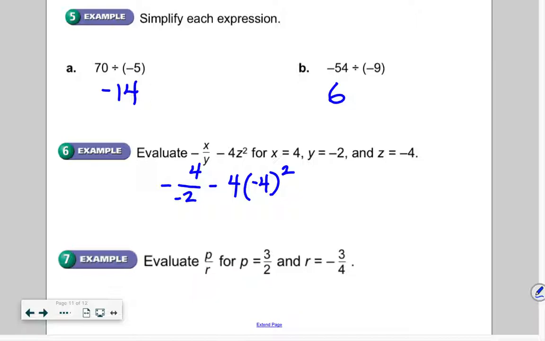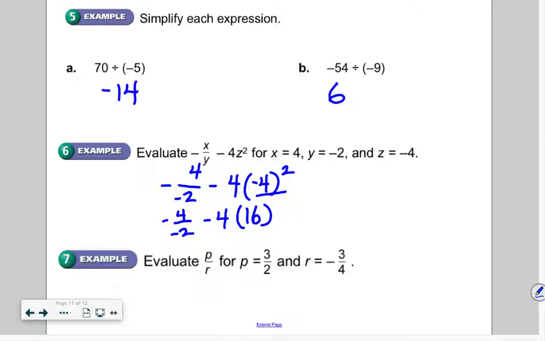Now, what is the first thing we should do in the order of operations here? Exponents. So I've got this negative fraction, minus 4. What is a negative 4 to the second power? Negative 4 times negative 4 is positive 16. What's the next thing you're going to do in the order of operations?